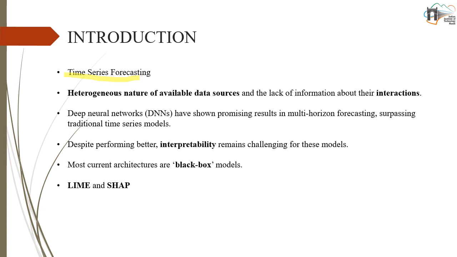For example, there is a heterogeneous nature of available data sources. Our input features have heterogeneity between them. In our traditional frameworks and models, we always treated our input data as a lump. We treated our n number of features as the same, but our input variables were always different when we were making a forecasting model.